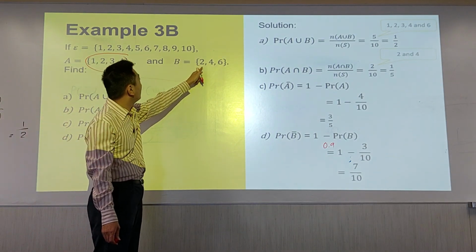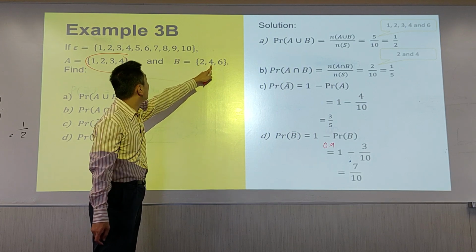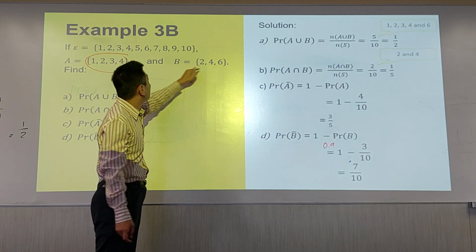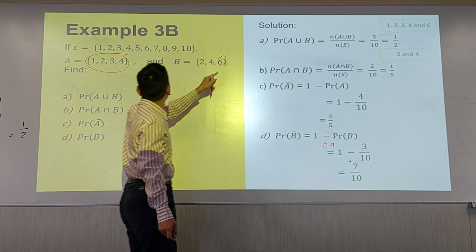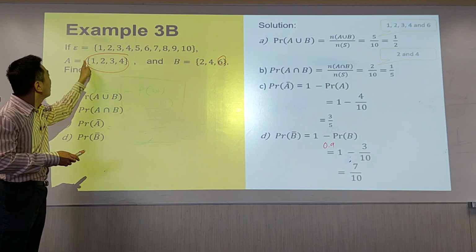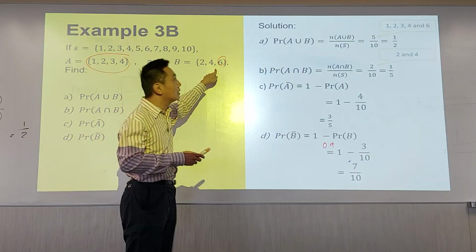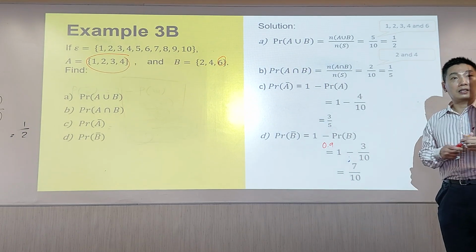B will have this, but 2 already appears, so we count it one time. 4 also already appears in A, so we count it once. 6 only appears in B. So in total, how many elements are in A union B? This plus this, we get 5. That is one of the ways you get the answer.